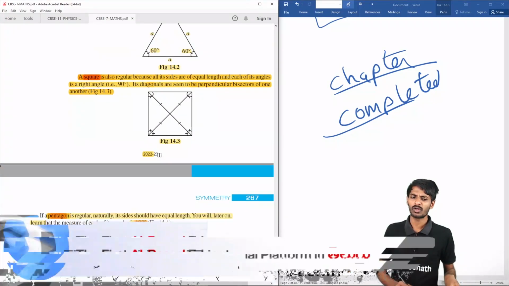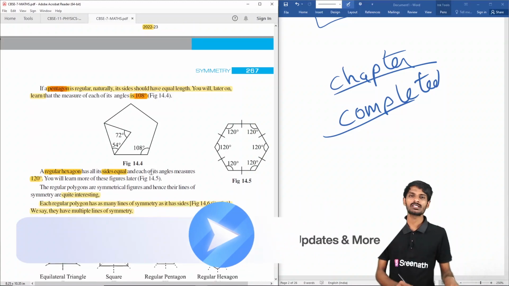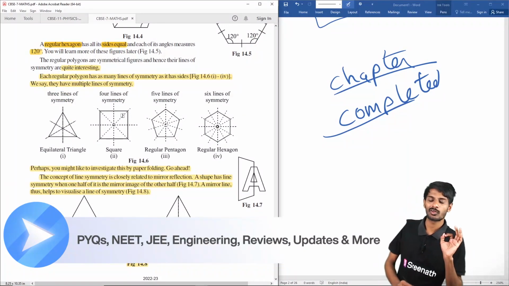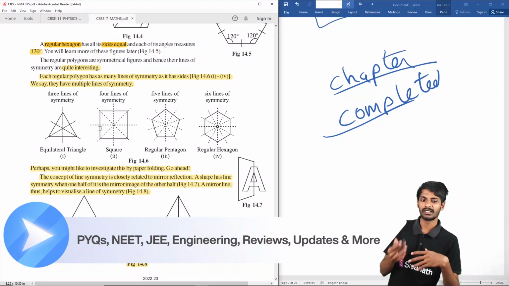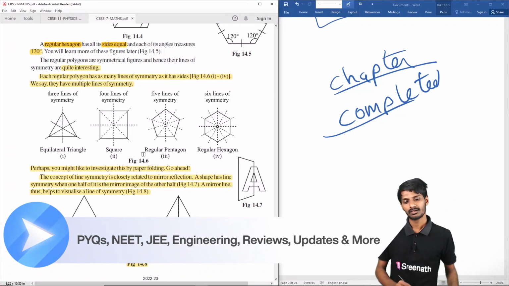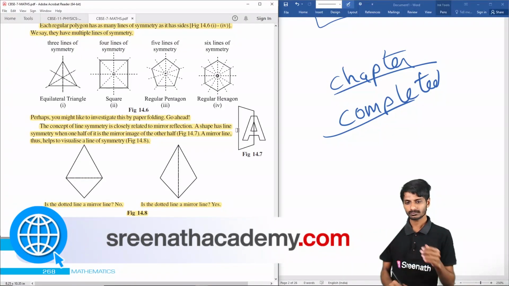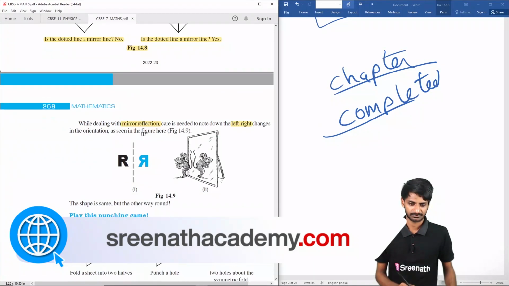A square is also a regular polygon as its sides and angles are equal. A pentagon is a regular polygon. A regular hexagon is a regular polygon. All these regular polygons have many lines of symmetry, not one line. And the concept of line symmetry came from mirror reflections.